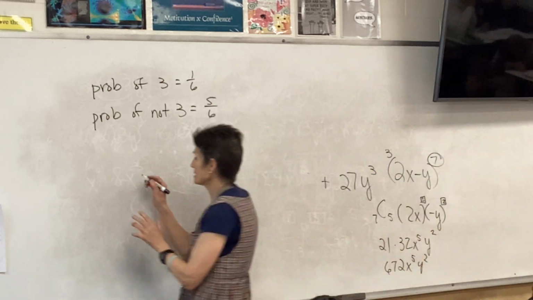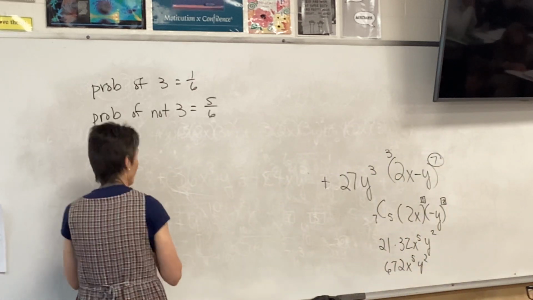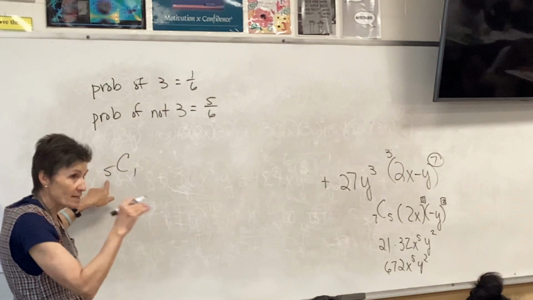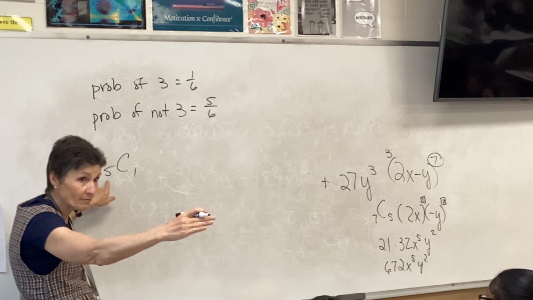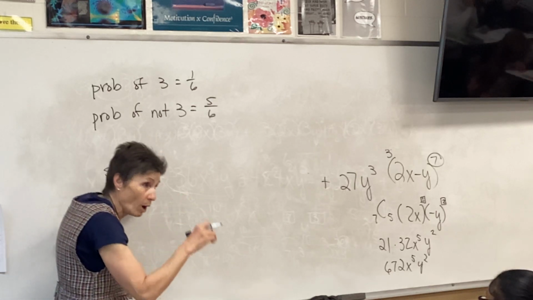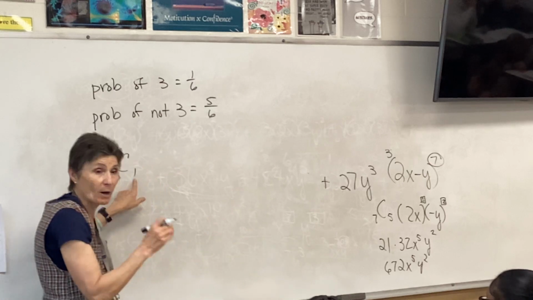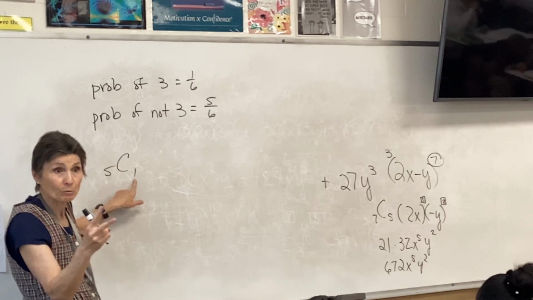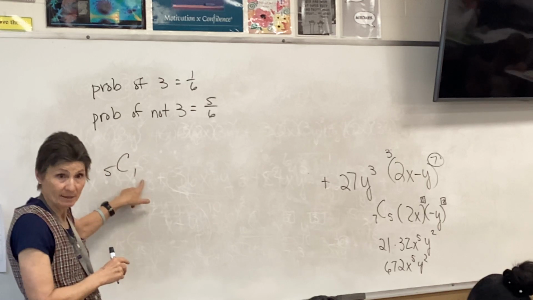So I am gonna start with 5C1. Now, the 5 is the number of rolls that I have. And the 1 is the one special number I want, which I want a 3. I want one 3. If I wanted 2 3s, this would be 5C2.